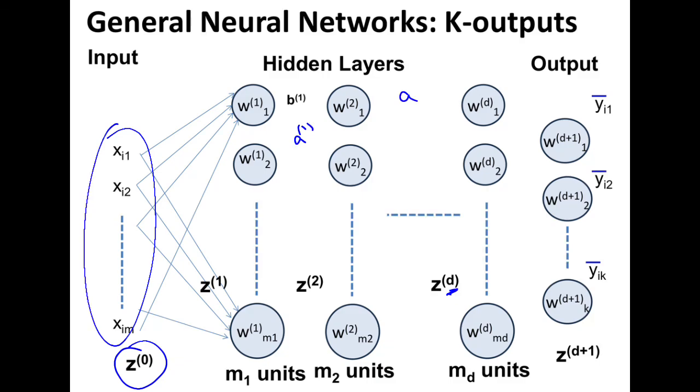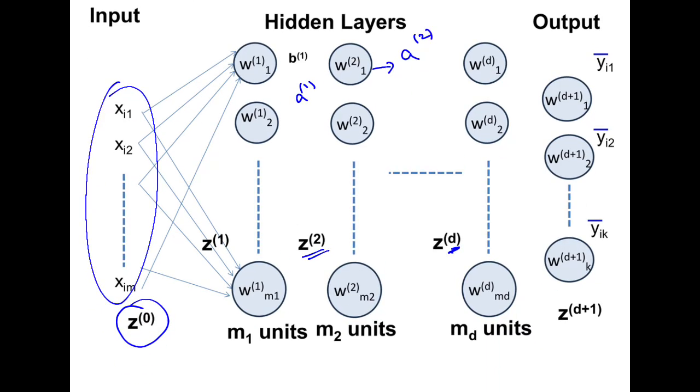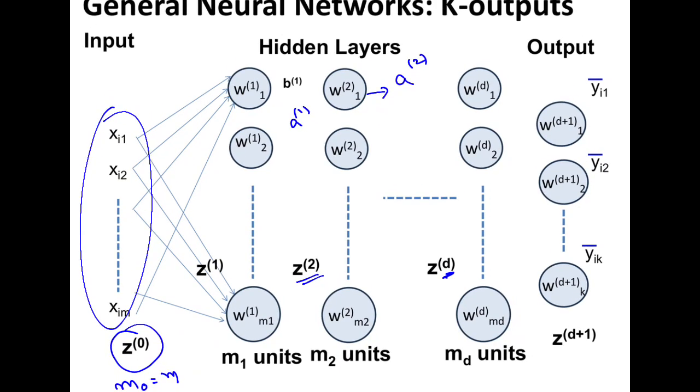And then this will give me the output A2 from here to here. Okay. And we can say that this has M0 equal to M, the size of the feature vector. And then finally at the last layer, I can write it as z of D plus 1 and also as y hat, which is my final output of the neural network.